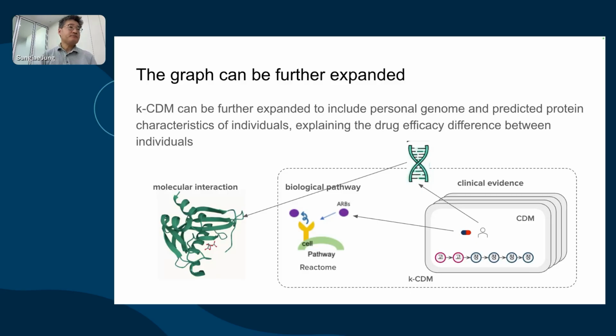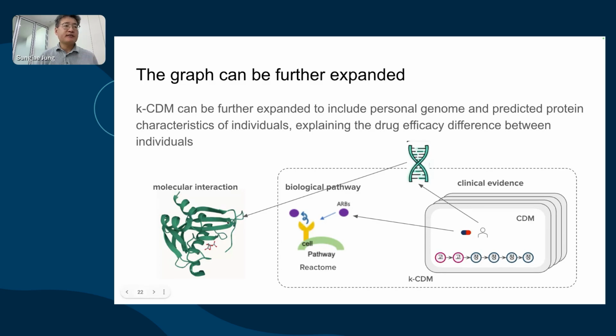We expect this graph and KCDM can be further expanded to include personal genome information and predicted protein characteristics of individuals, which can explain the drug efficacy differences between individuals. Nowadays, as you know, we have AI capabilities such as AlphaFold.